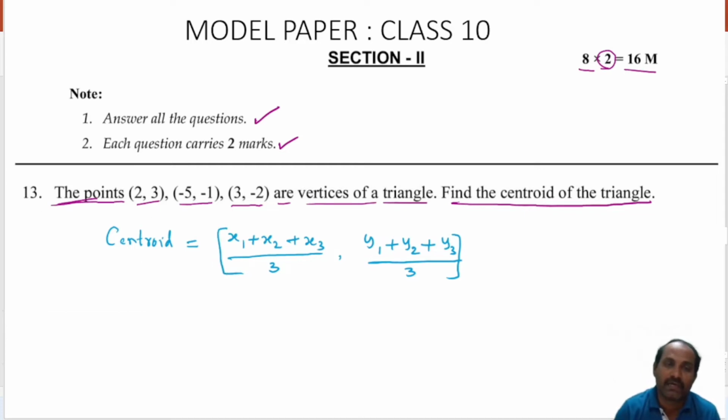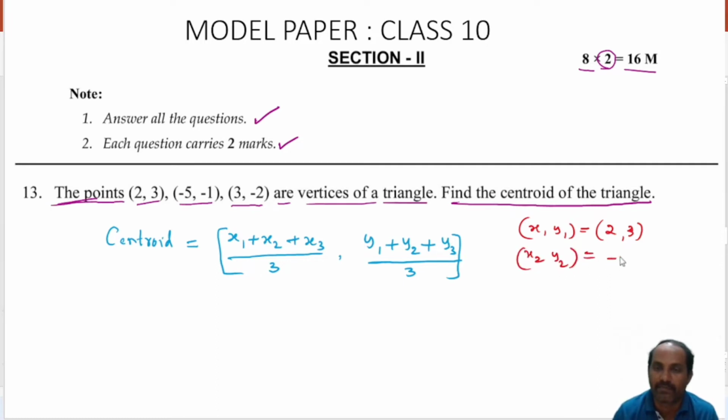So now what are x1, y1, x2, y2, x3, y3? (x1, y1) is the first point (2, 3). (x2, y2) means the second point (-5, -1). And (x3, y3) is the third point (3, -2).